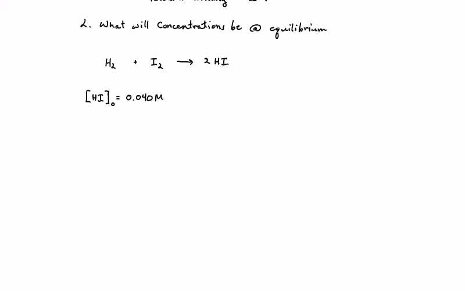And if we're starting off with only HI, that means that our concentration of H2 initially is going to be 0, as is our initial concentration of the iodine. Now this is an equilibrium reaction, which means if we don't have any hydrogen or any iodine, the equilibrium is going to have to shift towards the hydrogen and the iodine, so go from right to left.